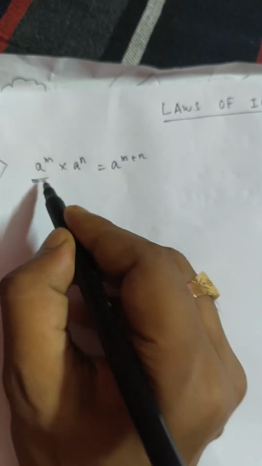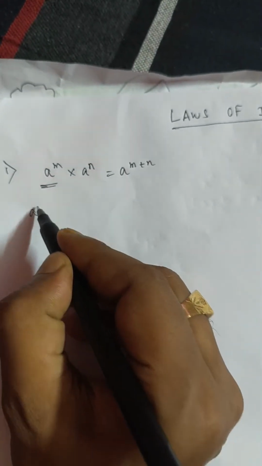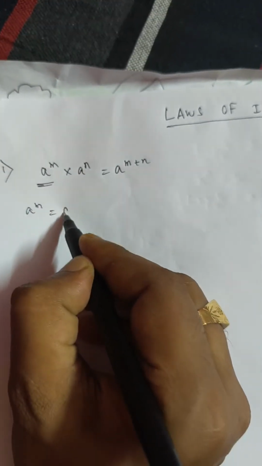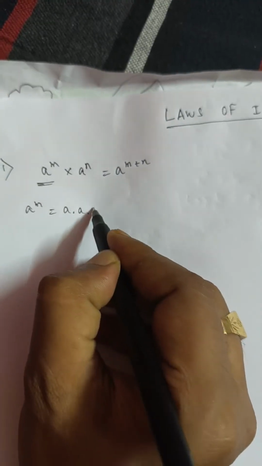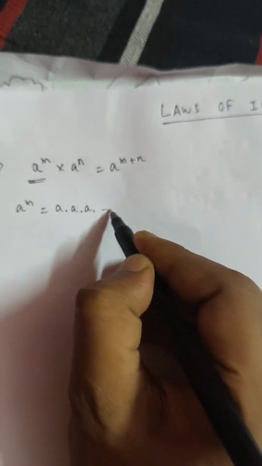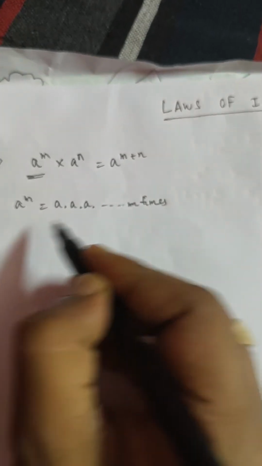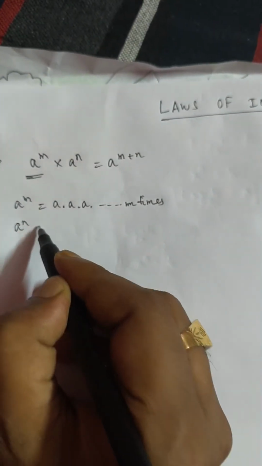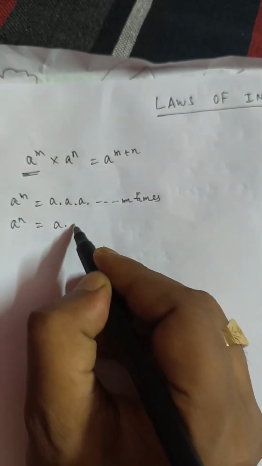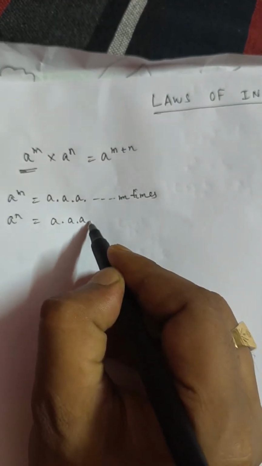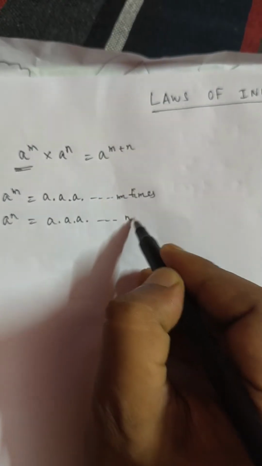a to the power m means we will multiply it m times, and a to the power n means we will multiply it n times.